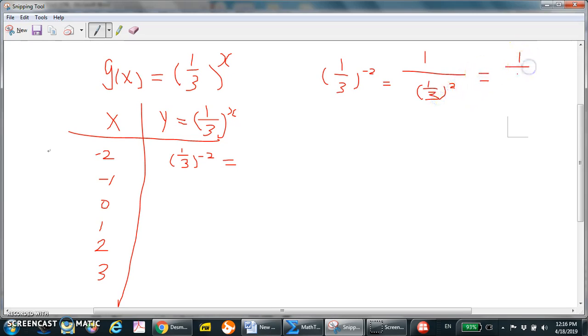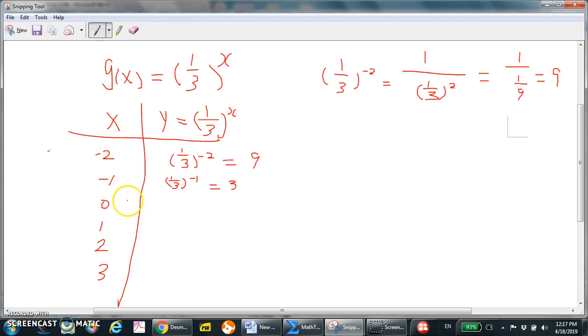So that is 1 over 1/3 times 1/3, so it's 1 over 1/9, which is equal to 9. So when x equals -2, y equals 9. And when x equals -1, y equals 1/3 to the power of -1. So that is 3.